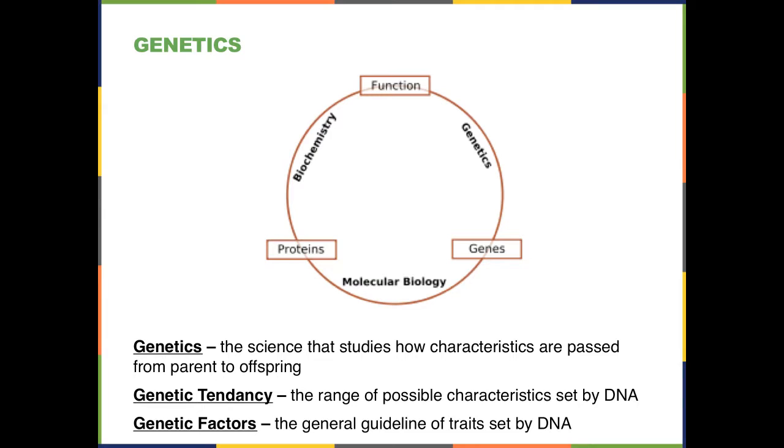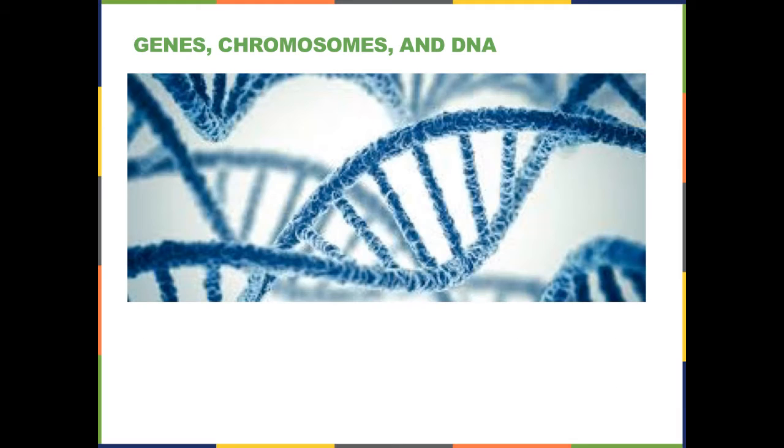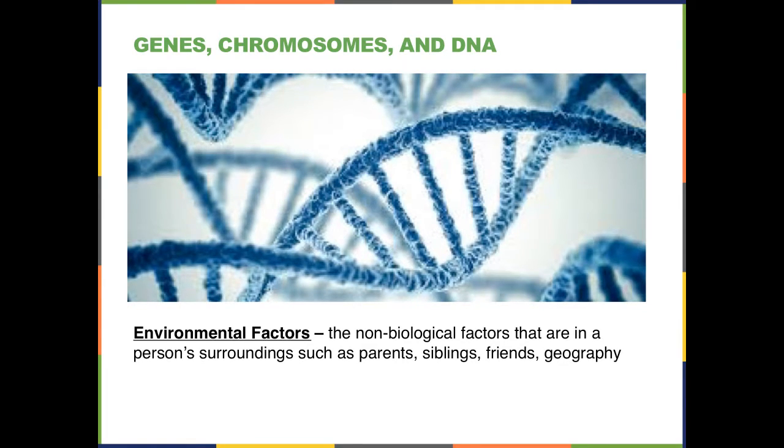The effect of the genes on who we are and what we are is called the genetic factors. These are the guidelines or the traits that are passed on through our DNA. Now, if we look at genes and chromosomes, first of all, we have to understand that not only do genetic factors have an influence, but there are also environmental factors.